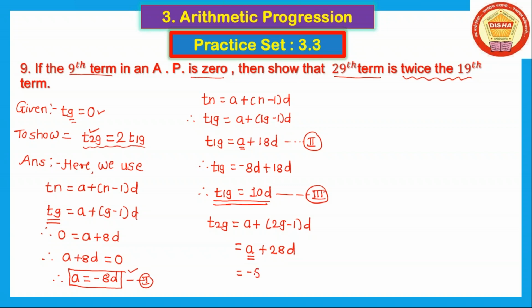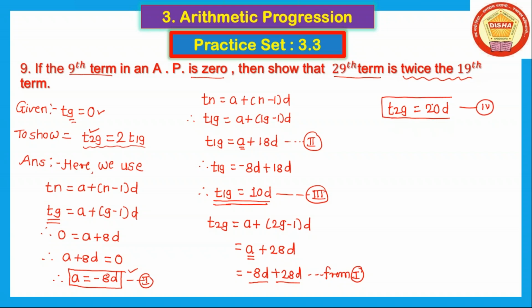Means we write here negative 8d plus 28d. We take it from first equation. Then we solve this. That is T29 is equal to minus 8d plus 28d, which is equal to 20d. We consider this is our fourth equation.